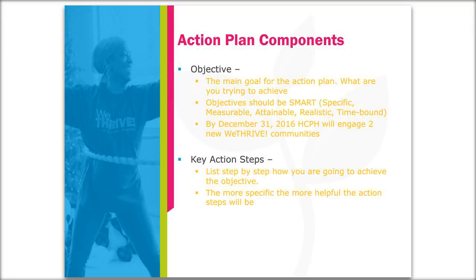We're going to create a program that encourages kids to walk to school. So for every day that they walk to school, they get a ticket that enters them into a raffle. Those are just some examples of potential action steps. But that's what you want to list out: everything that your team and your community wants to do to get you to that objective that you described.